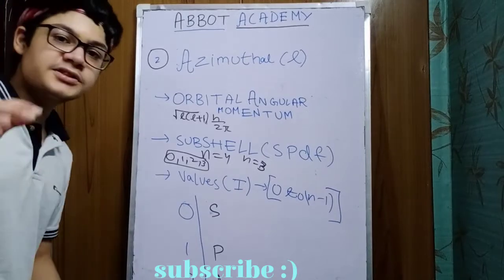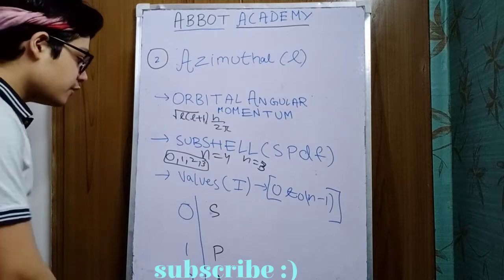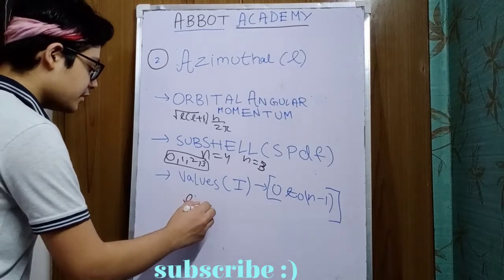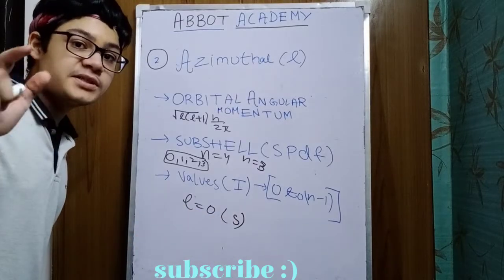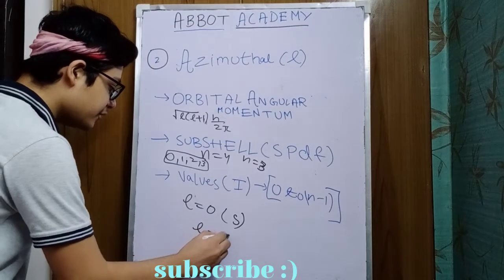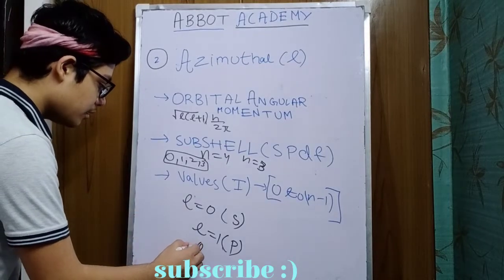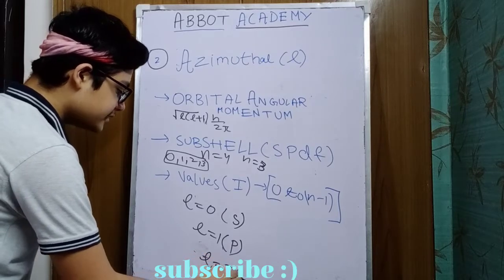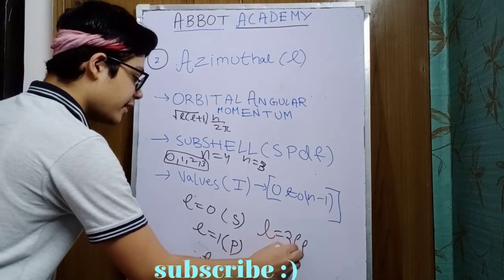Now there are certain values of l which are very important, which determine the subshells. Always remember that. l equal to 0 denotes the s subshell, and l equal to 1 denotes the p subshell. l equal to 2 denotes the d subshell, and l equal to 3 denotes the f subshell.